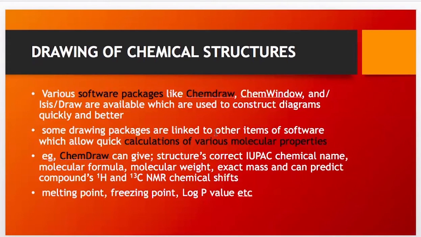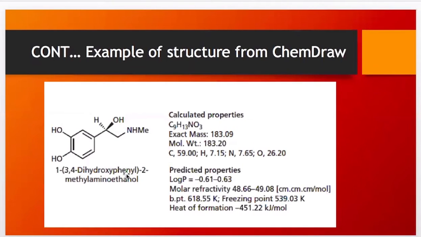So you compare the two of them to see if the NMR of the compound that you have made is exactly as the one which was predicted, and that's how you confirm the compound that you have made. So you see that with the coming up of these software, they've made life very easy for chemists and medicinal chemists in general.